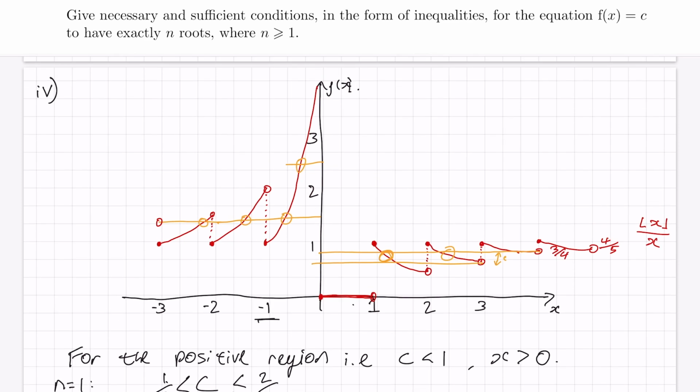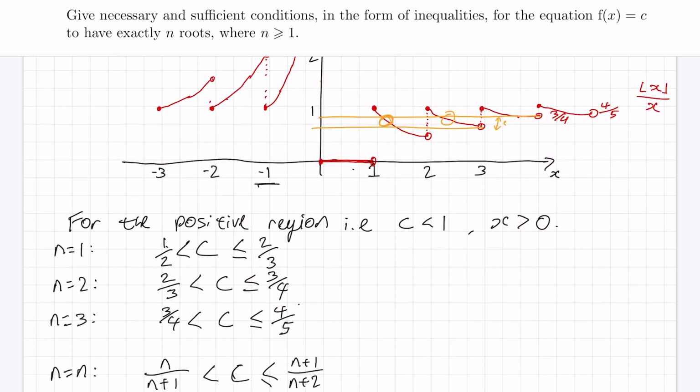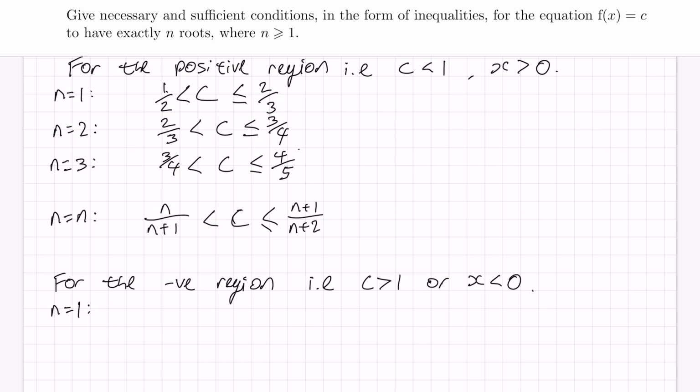Now let me rub off some of my other markings because it's going to confuse things a little bit. So for one solution, I need c to be greater than or equal to 2. I can have 2 because that would default to the first graph. Okay, then for n equals 2, what do I need?